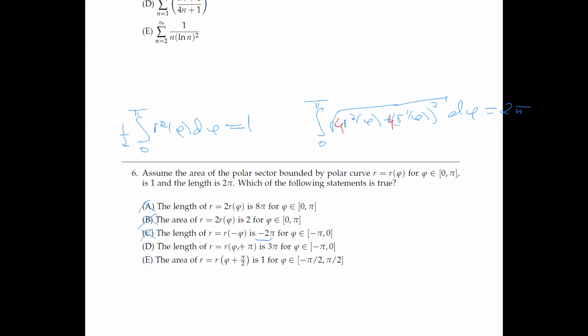r equals r(phi plus pi), the length is 3 pi when phi belongs to minus pi to 0. Let's consider this case in more detail. The domain is from minus pi to 0, and our r is r(phi plus pi).